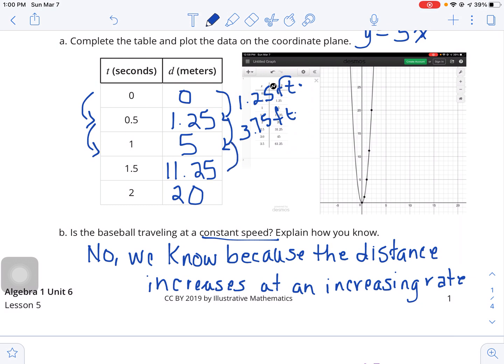From 5 to 11.25, make sure I don't make any mistakes here, it's fallen 6.25 feet. So for each half second after it's dropped, the rate that it's falling is increasing, and it's not a constant rate or a constant speed.